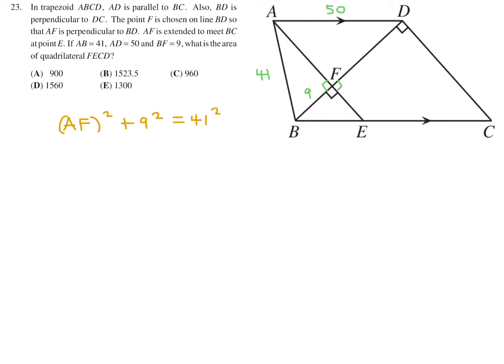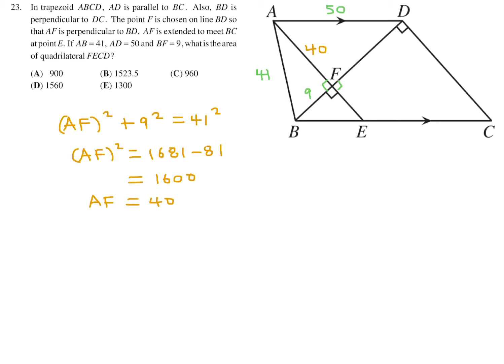And therefore AF squared is equal to 1681 for 41 squared minus 81 for 9 squared. And this looks like 1600. And therefore 40 is equal to AF. So put that in there, 40. That's my first calculation. Now what else can I get?